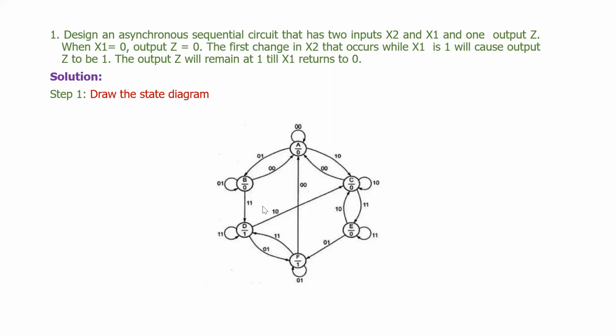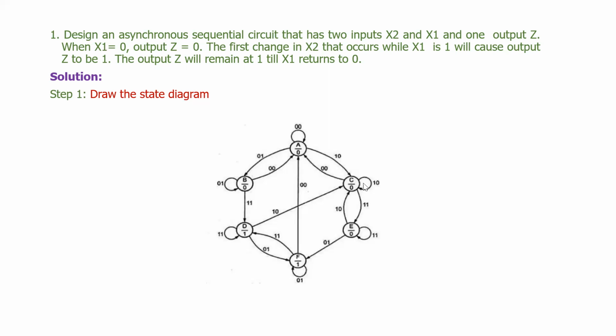Then the other combination is 1, 1. Now x1 is 1 and this is the first change in x2, so output is equal to 1. So this is the new state.